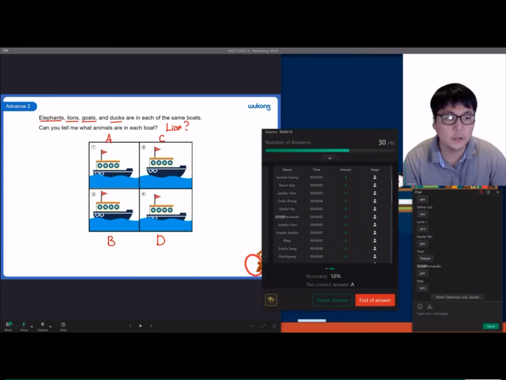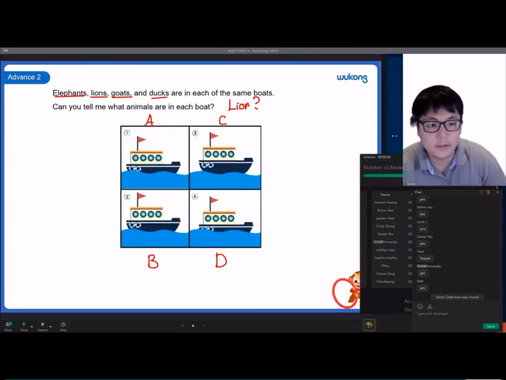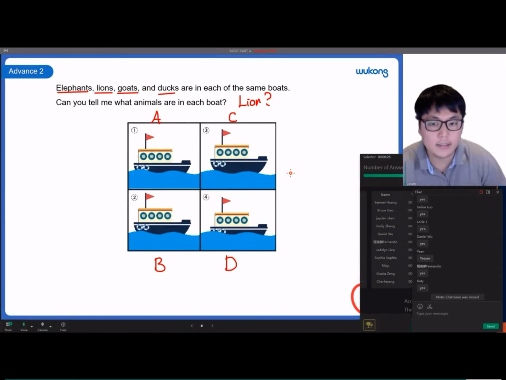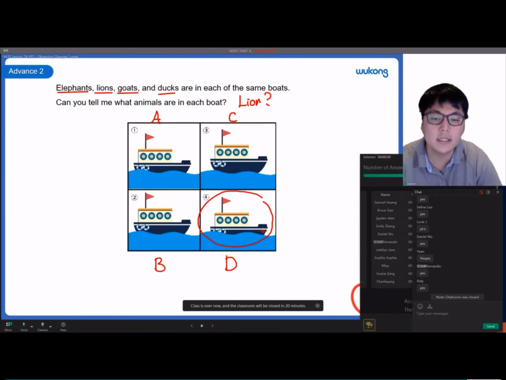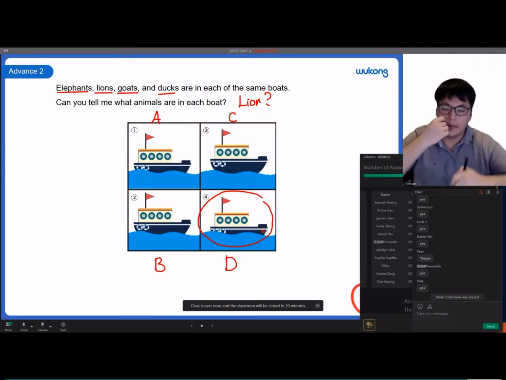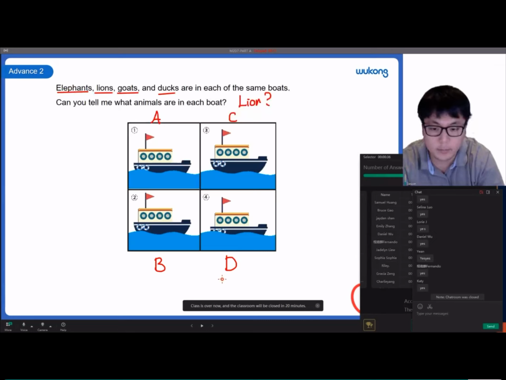Okay, very, very good. So let's go through this together, guys. Yes, the correct answer is A. Now you can see this boat, guys, is almost sinking inside the water. Okay, so I think this one has the elephant.